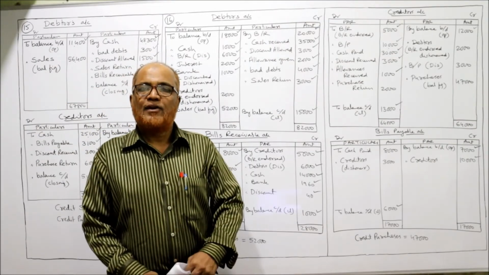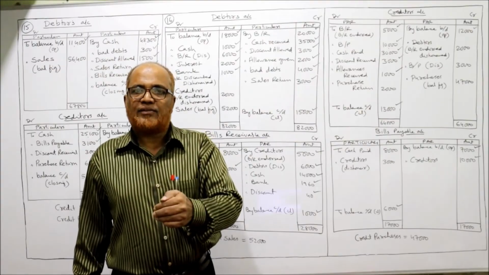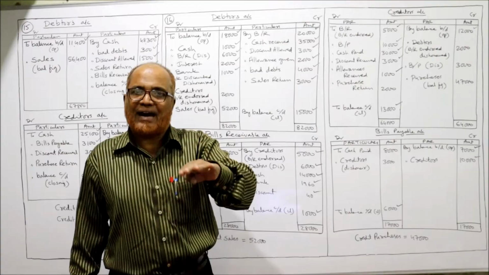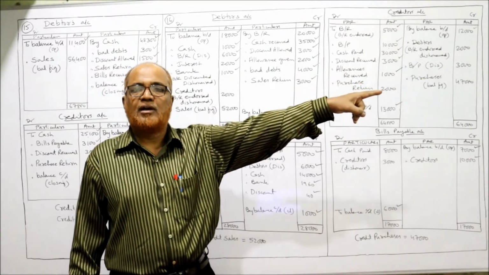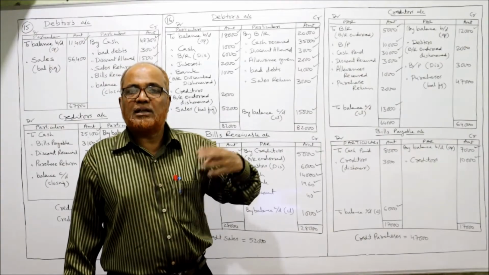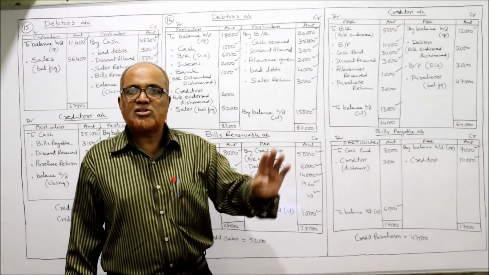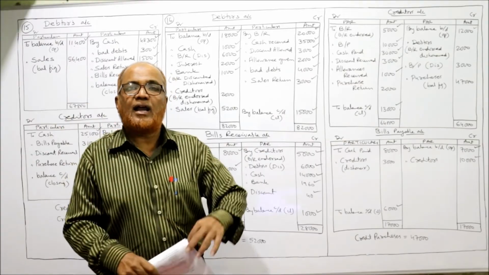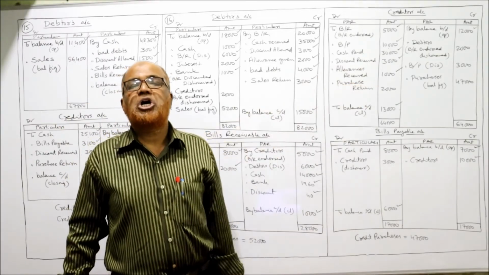Again I repeat, we have received the bill from debtors and we have endorsed this bill to the creditors. Now on the due date, the creditors are informing us that the bill which I have given is dishonored. Now I have to recover that amount from the debtor and pay the amount to the creditor.